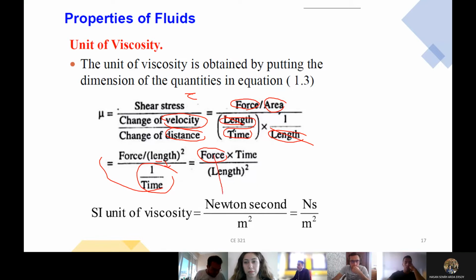Now, what is the unit of force? Newton, N. Time unit in SI is second, and length is meter. So the unit of viscosity is Newton second per square meter.